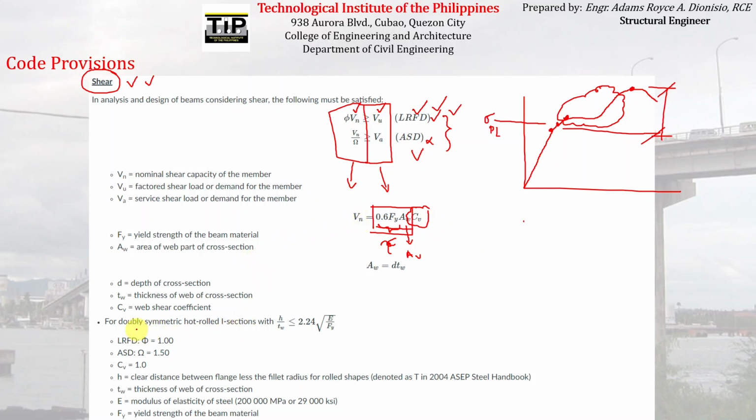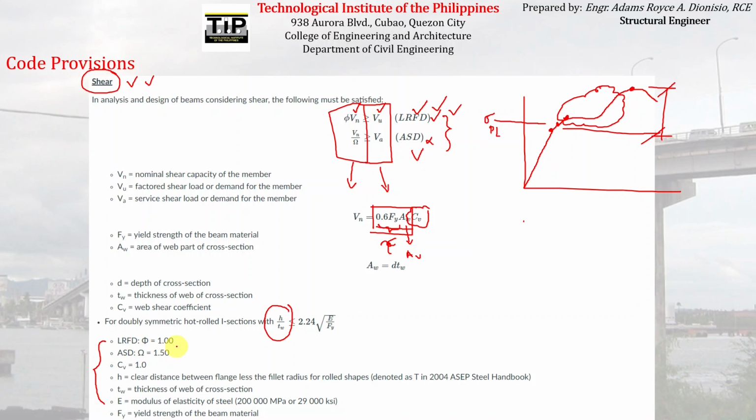So for doubly symmetric hot rolled sections with web thickness ratio less than or equal to 2.24 square root of E over Fy, we can use these corresponding parameters.